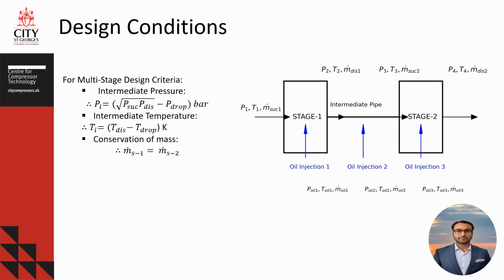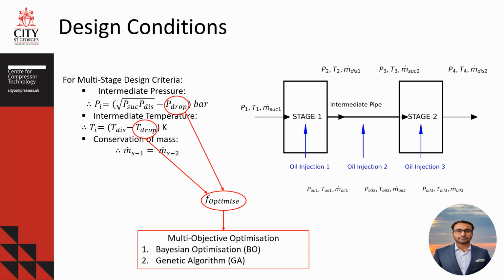However, as the pressure transfers from the LP stage to the HP stage, there is some pressure drop in the intermediate pipe. Likewise, for temperature, as it transfers from the LP stage to the HP stage, there is a temperature drop. These pressure and temperature drops are the parameters which need to be optimized through multi-objective optimization.